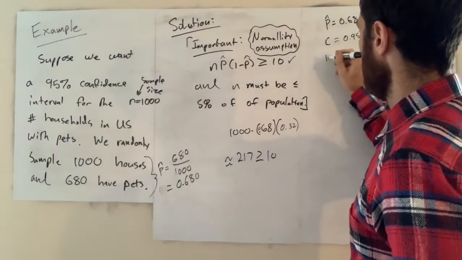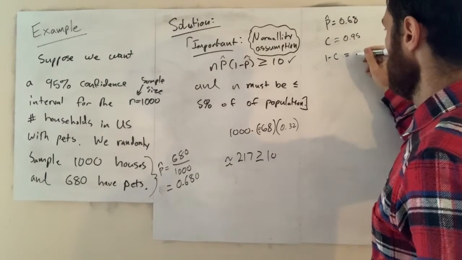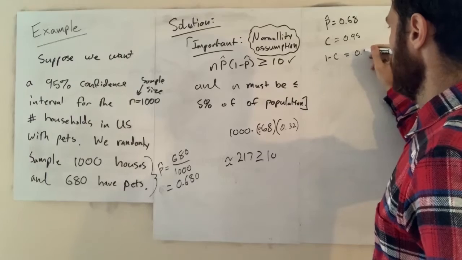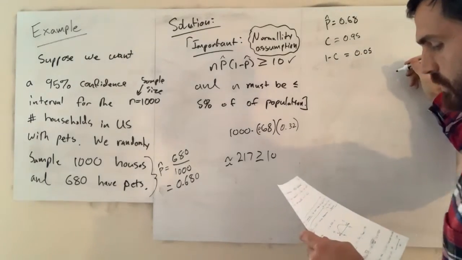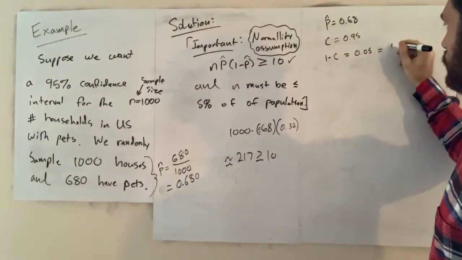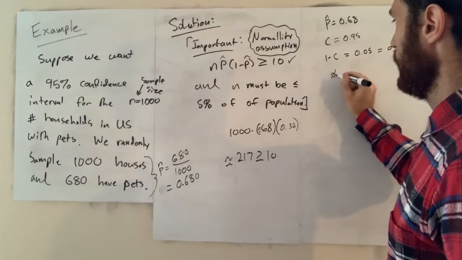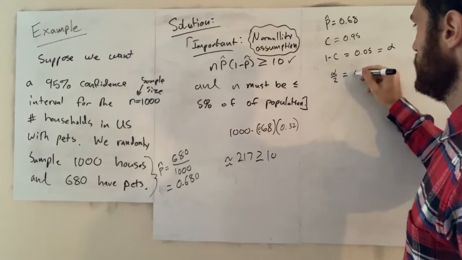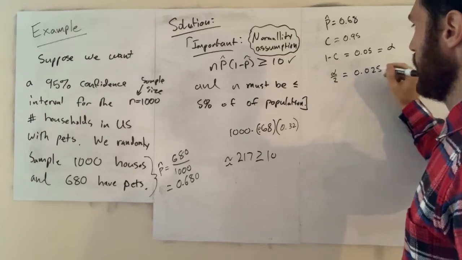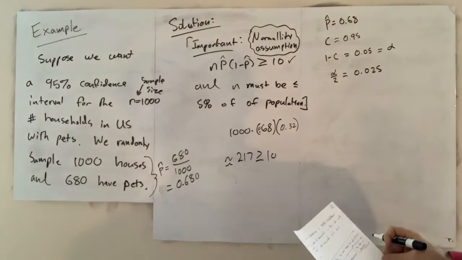And so 1 minus c is going to be 0.05, and this is equal to your alpha. And then alpha divided by 2 has to be 0.025. So you can work that out.